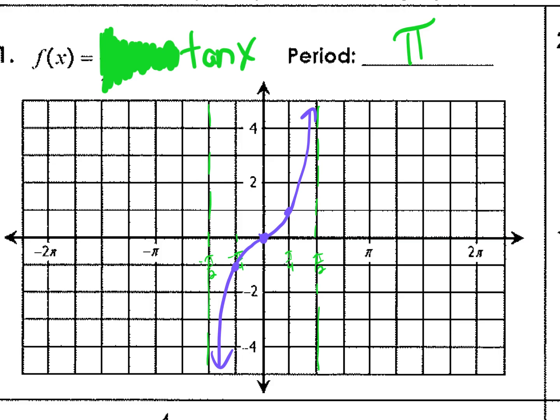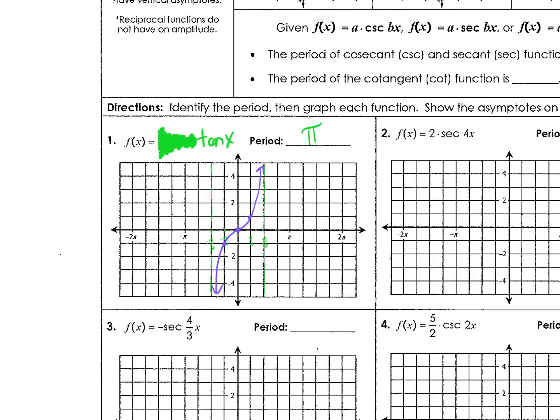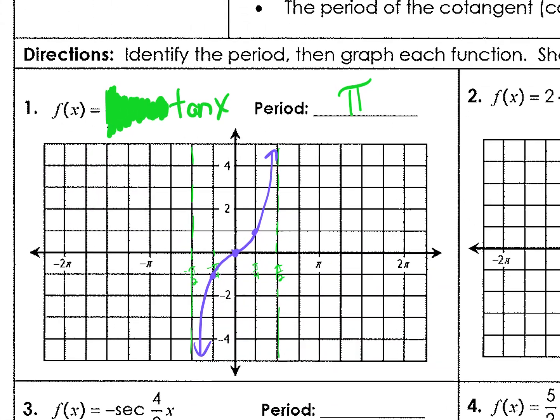Okay. All right, so that's our basic graph. Yes. Would you give like a period change to the tan? No, I will not. Would you give horizontal? No, I might give you an amplitude change on a tangent or a cotangent, but that would be it. Okay?